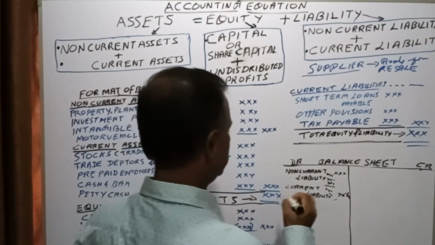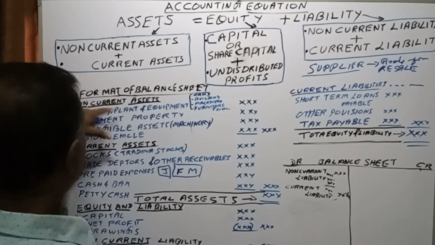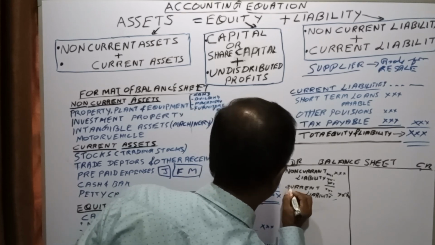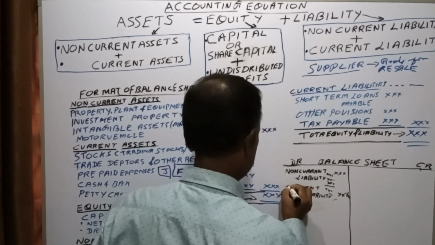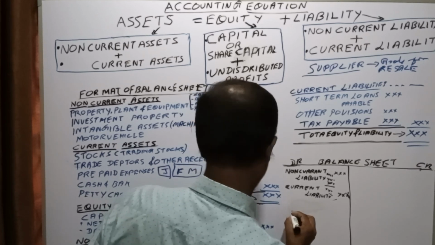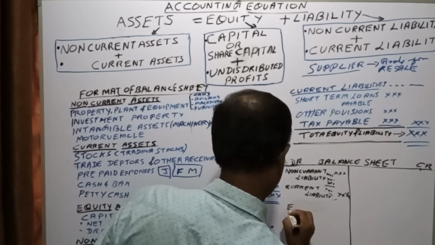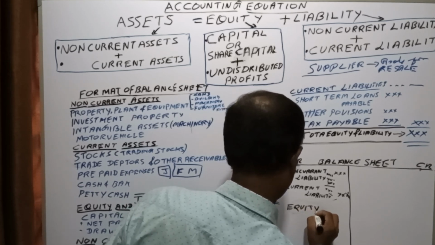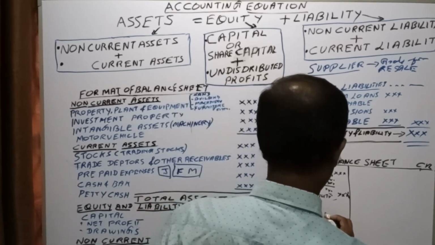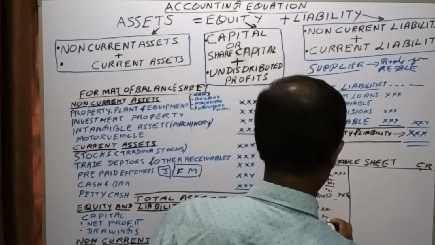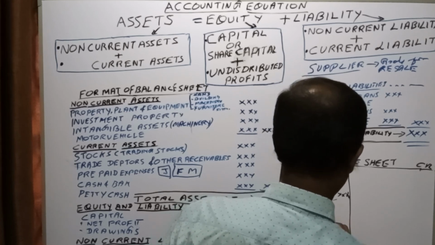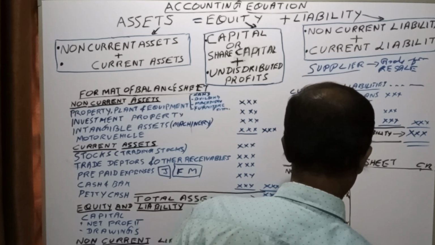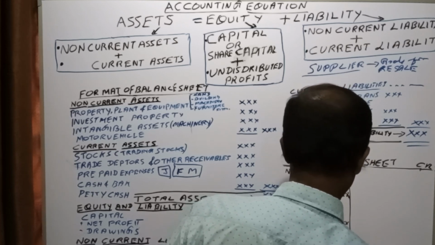And next is equity. I am putting it here very briefly because I have already elaborated what the non-current assets, current assets, non-current liabilities and current liabilities are. And here we will say equity. Then here you will arrive at the total.